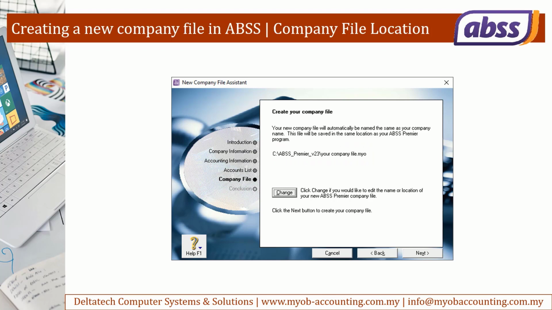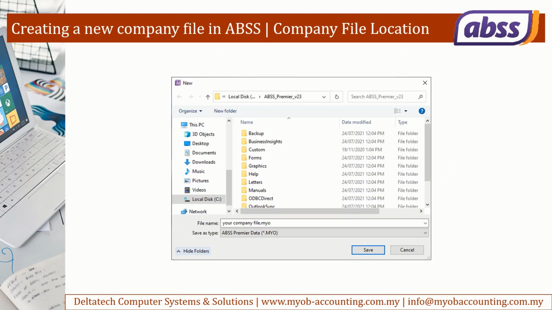Keep in mind that your folder name may not be the same, and will depend on the version you are using. If you wish to save the file to a different location, click on the Change button. Then navigate to the folder of your preference, select it, and click Save.